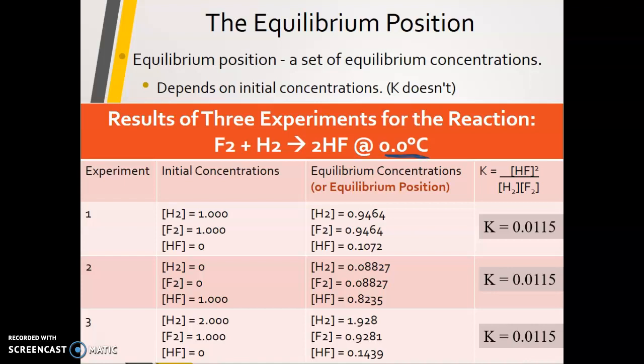So your K value is always going to be the same, no matter what your values are. The initial concentrations just determine where the graph that we looked at in our last lesson levels off, so the rate of exchange is the same and we don't see any changes in concentrations.